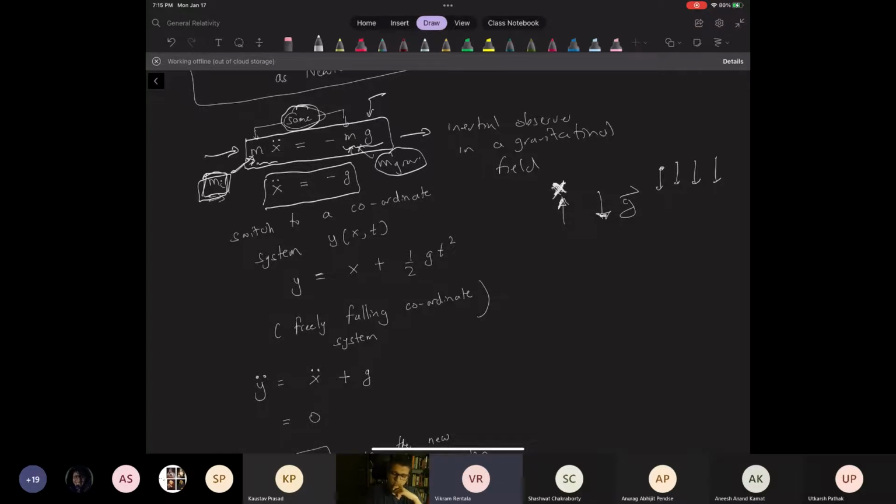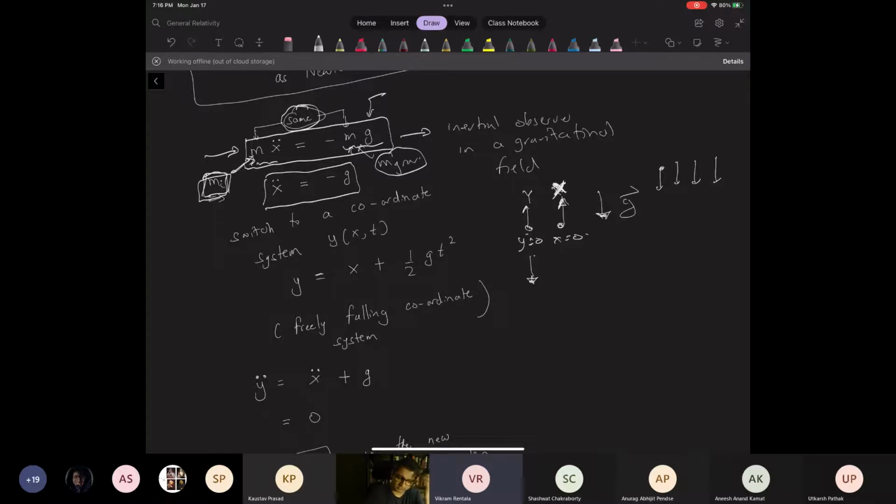That is, you can switch to a coordinate system y. So positive y is still in this direction, but y is such that if this was y equals 0 and this is x equals 0 at the initial instant of time, you can think of this as a freely falling reference frame.